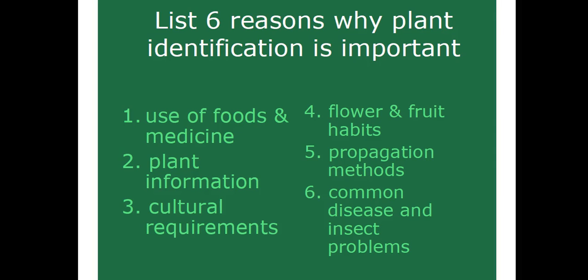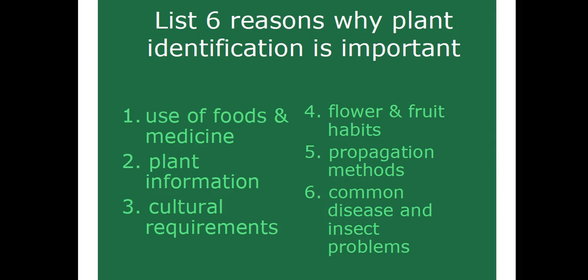So 6 reasons here. Number 1, use of foods and medicine. Most plants are useful in some shape, form, or manner. Number 2, to be able to get more information about those plants, including number 3 here, the cultural requirements for the plants, how we can grow them in the landscape, in the garden, etc. Number 4, flower and fruit habits.